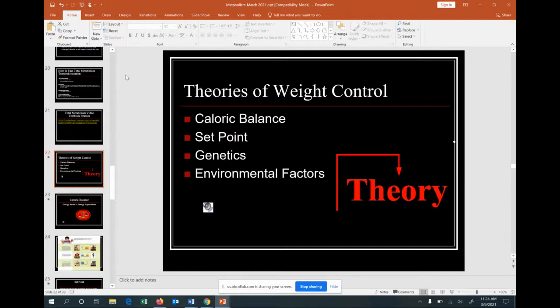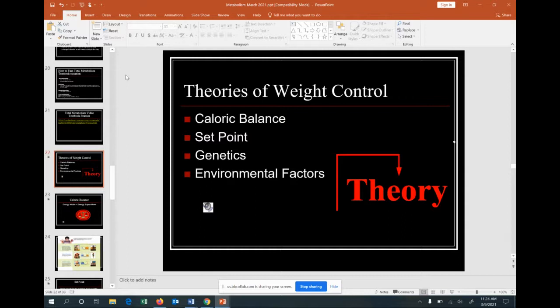If a woman is 30% or more in body fat, we can help them lose weight. If a guy is 20% or more in body fat, we can help them lose weight. On the other side of it, let's say we have a woman who is under 20% body fat. Well, we can help that person gain weight. A guy under 10%, we can help that person gain weight.